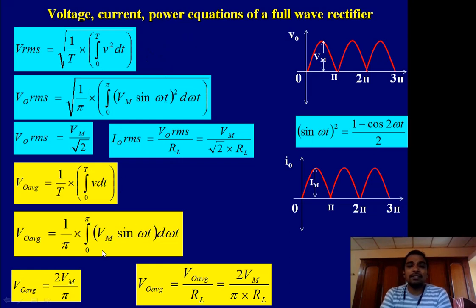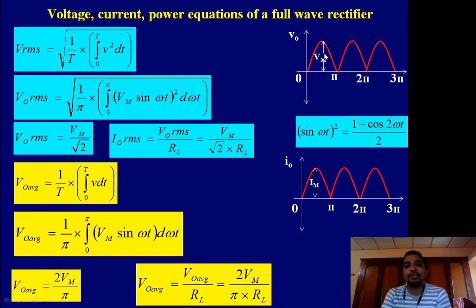Next, what is the DC content available at the output load resistor? Yes, V0 DC or V0 average. What is average? Sum of all the values. How to sum up? By doing integration. Because it is an analytical function, I cannot add 0, 1, 2, 3, 4, 5, 6.